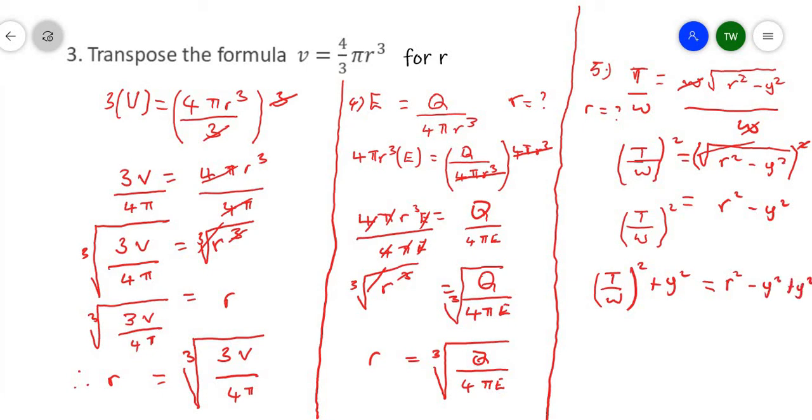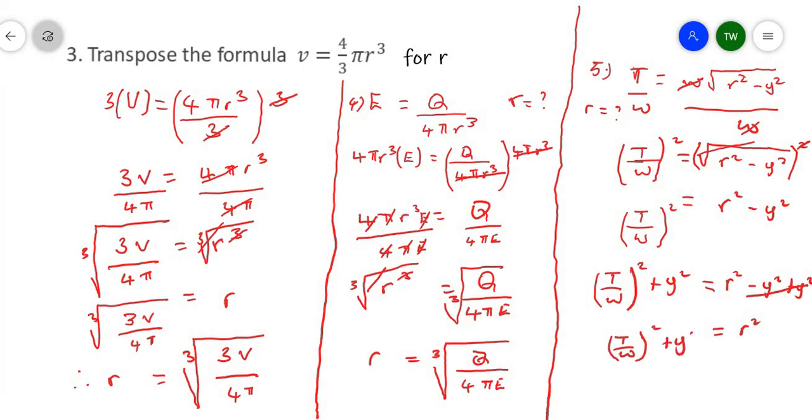And clearly here, you can see that minus Y squared plus Y squared is just 0. So what you're left with here is just R squared. And here, you still just write back what you have, which is T over W all squared plus Y squared.